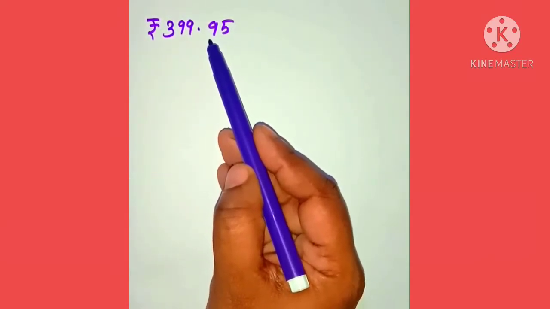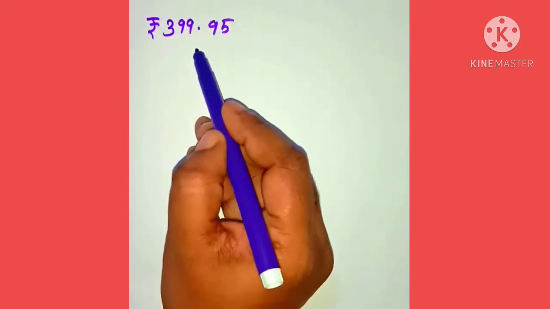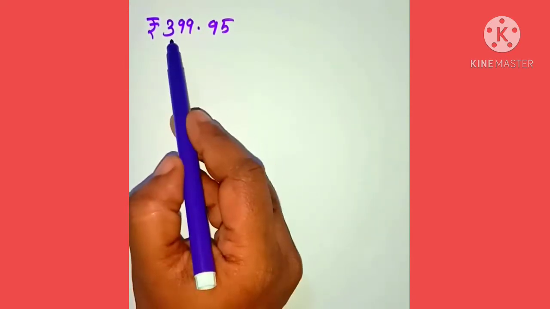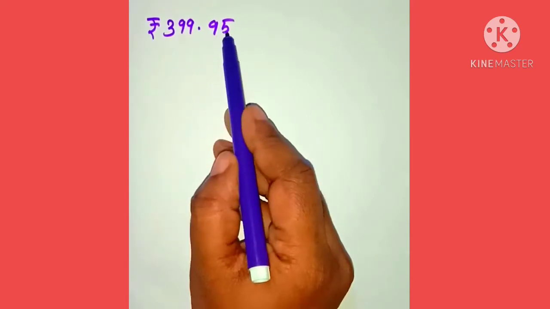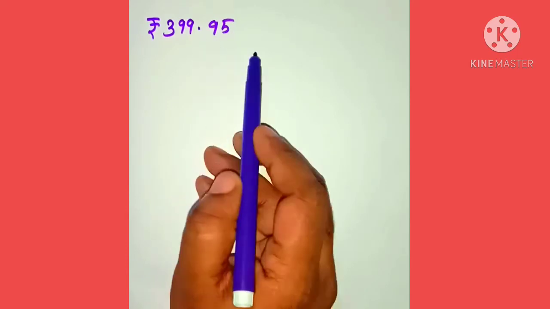Here we have to convert this decimal number into a fraction. This decimal number can be read as 399.95, or 399 and 95 hundredths.